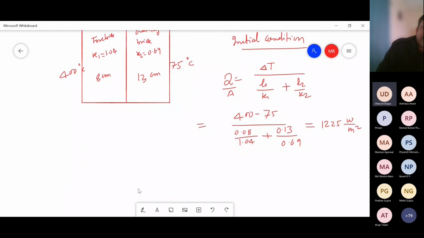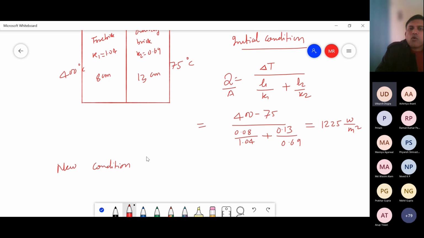Now what is being given in the second part? In the second new condition, what we are saying is this 75 degrees Celsius temperature is, let's say, a too high outside temperature. So we are putting a plaster of 5 centimeter, adding another layer of plaster here, and that has reduced the temperature from 75 degrees Celsius to 60 degrees Celsius.